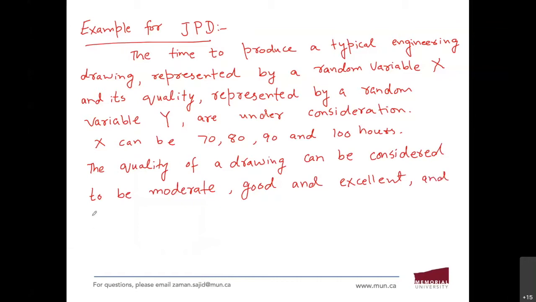And Y can be 1, 2, and 3 respectively. Now, what this statement means: if the quality of the drawing is moderate, I will take my random variable Y as 1. If the quality of the drawing is good, I will take it as 2. If the quality of the drawing is excellent, I will take Y as 3.